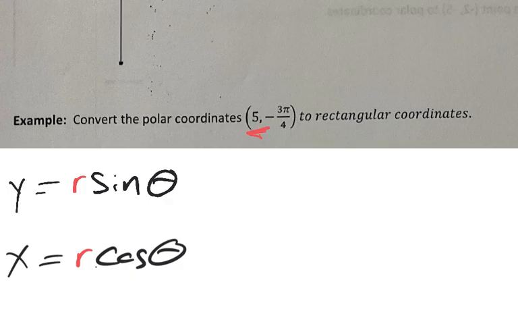So once we find what it would have been with a radius of 1, then we multiply by the actual radius. That's going to stretch it essentially, put it in the right spot. So we can find those values as such. What is sine of negative 3 pi over 4?